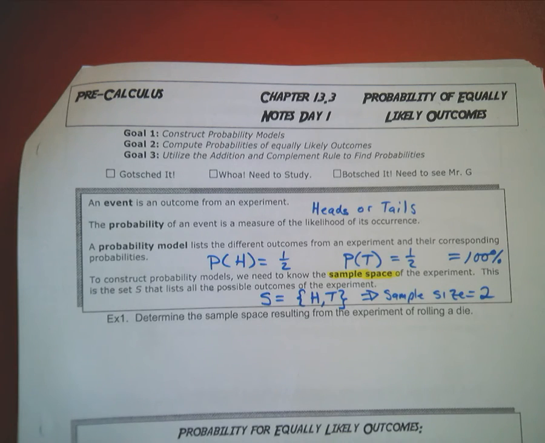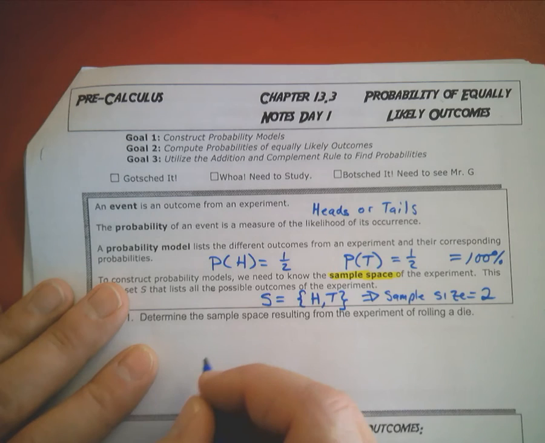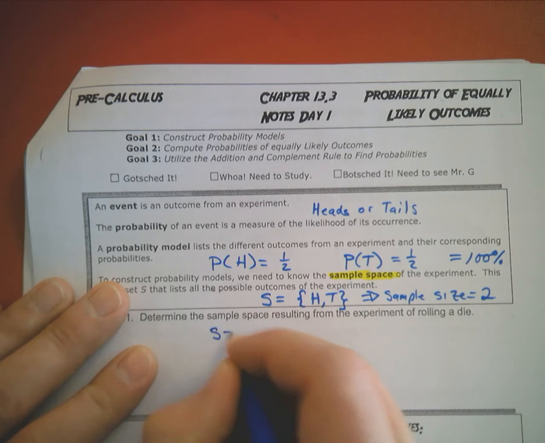Okay? So we're going to go through and answer some of these questions like you're going to see on MyMathLab. It says determine the sample space resulting from the experiment of rolling a die. Now, I would assume that we all know how many sides there are on a die and how many numbers, right? All right, so sample space.